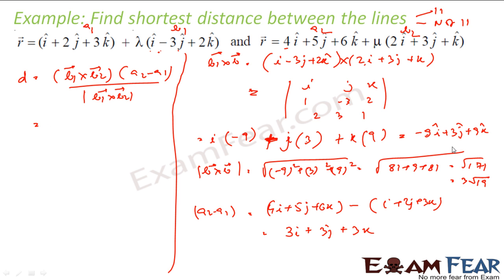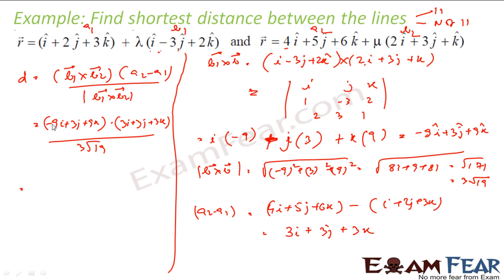B1 cross B2 we found is minus 9i plus 3j plus 9k, dot A2 minus A1, which we got as 3i plus 3j plus 3k, by the magnitude, which was 3 root 19.